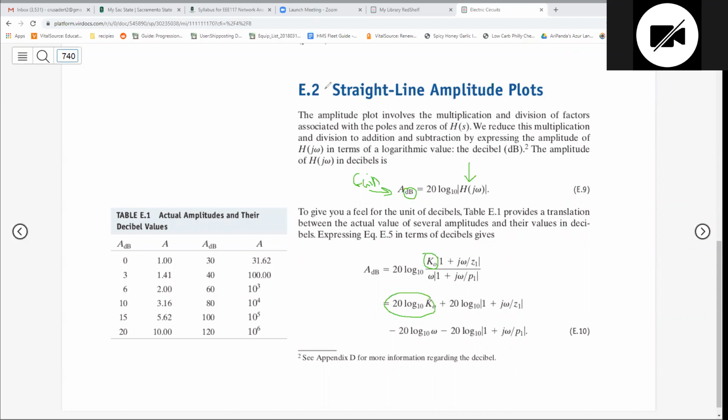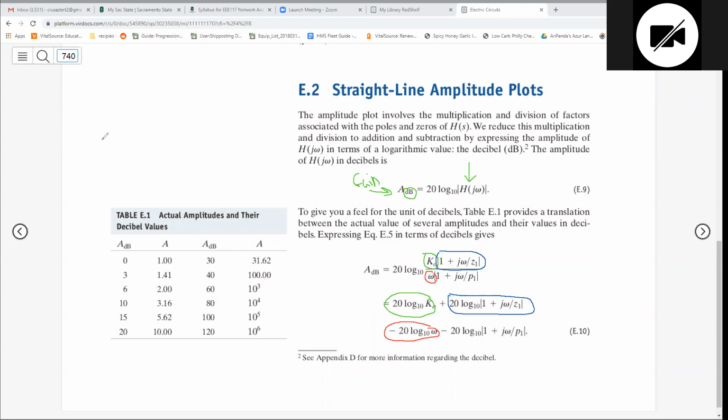Okay. Then we're going to have our 0 right here. This 0 is going to be split up with additions. We're going to have 20 log 10 of 1 plus JW over Z1. That's your 0. Then you're going to have your W pole right here. That's going to be negative 20 log W. Remember negative because we're in the division, right?